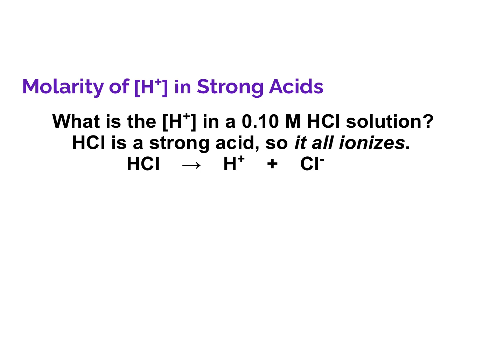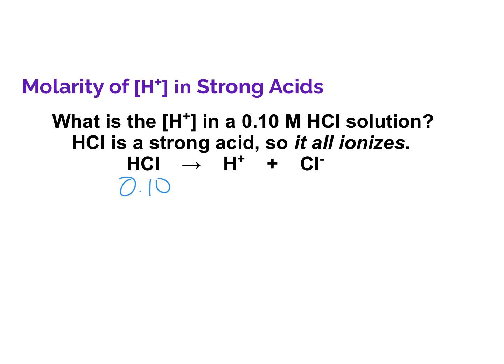So let's go ahead and talk about the concentration of H plus in strong acids. If we had a question that was, what is the H plus in a 0.1 molar HCl solution? We can apply some of the stuff we used last unit in this equation. We know that the concentration of the HCl is 0.1.